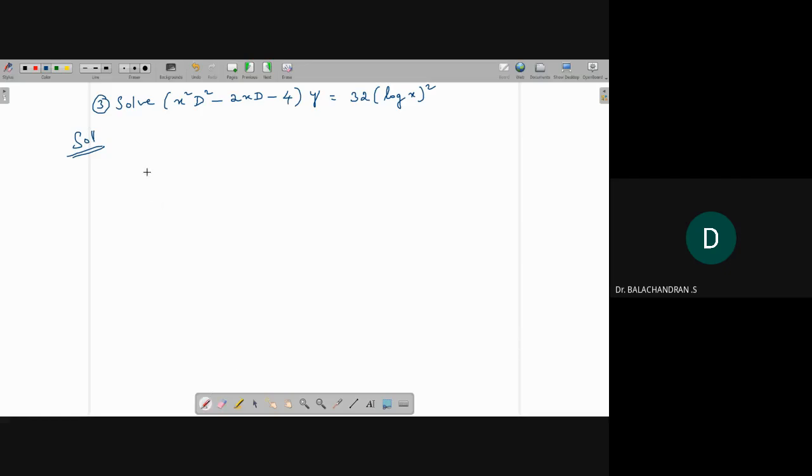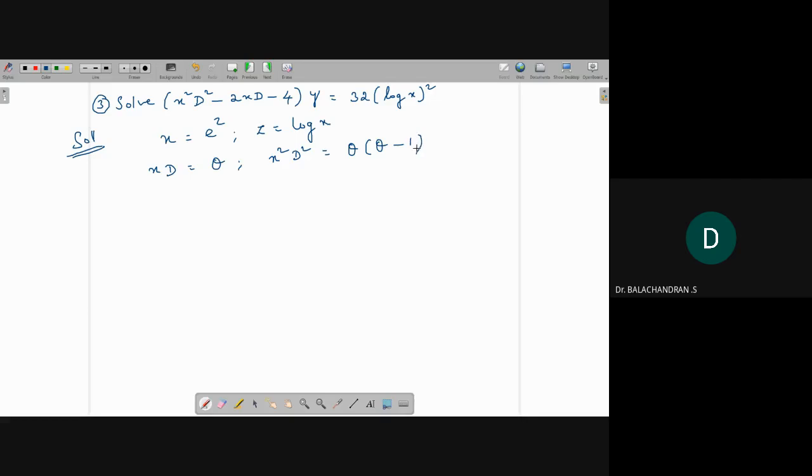So now we start as usual. X is equal to e power z, and z equal to log x. So xd equal to theta, and x square d square equal to theta into theta minus 1.